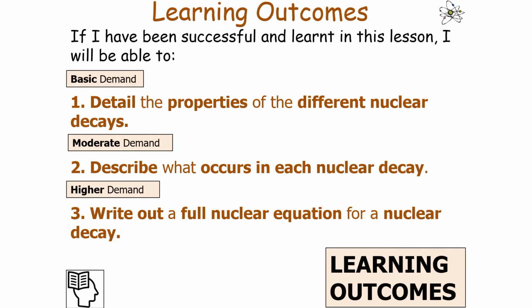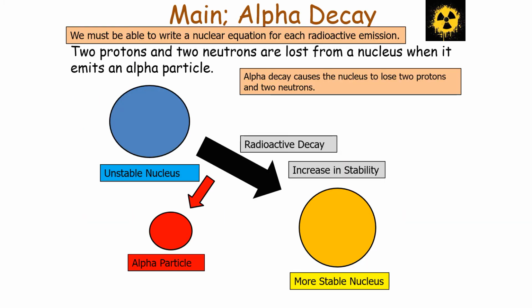So let's now look at describing what occurs in each nuclear decay. We've got to be able to write a nuclear equation for each radioactive emission. So let's first consider alpha decay. Two protons and two neutrons are lost from a nucleus when it emits an alpha particle.